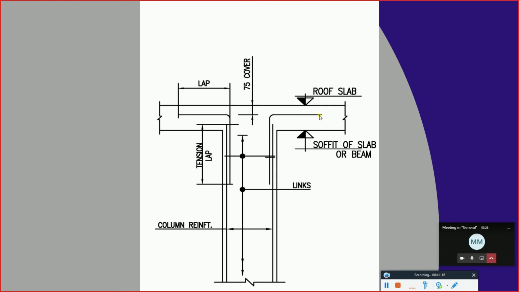So we provide reinforcement from the slab to the column, with a certain lap between both of them. How much is that value? This is going to be the tension lap, and this is a regular lap. So this is going to be around 50 diameter, and then you need to check what the tension lap is going to be for that particular diameter and that particular type of steel.